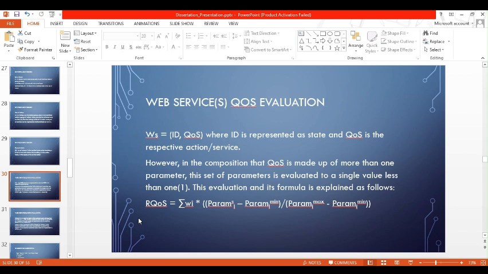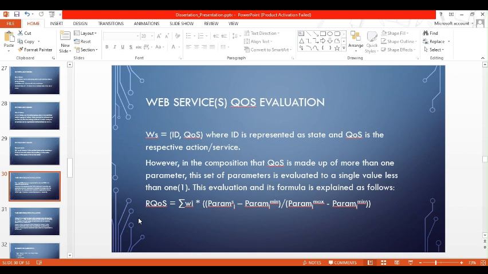In a situation whereby the services have more than one QoS, it can be evaluated in order for each service to maintain a single value for the set of QoS parameters it has.